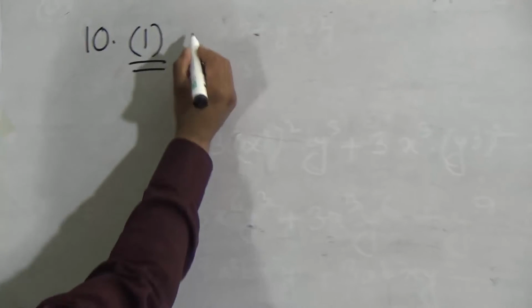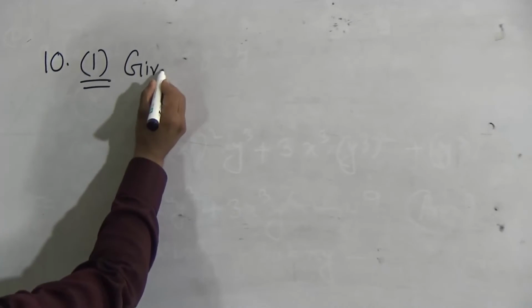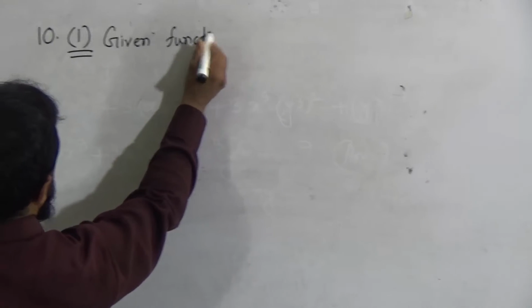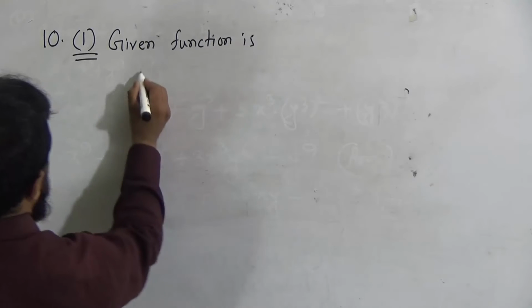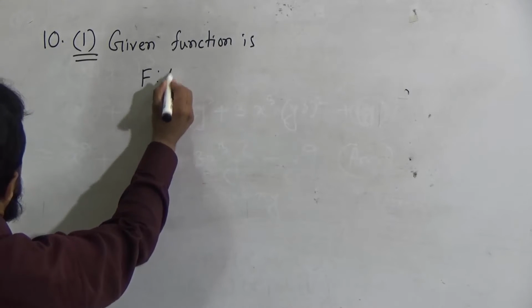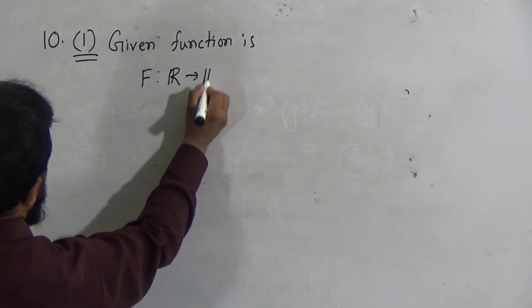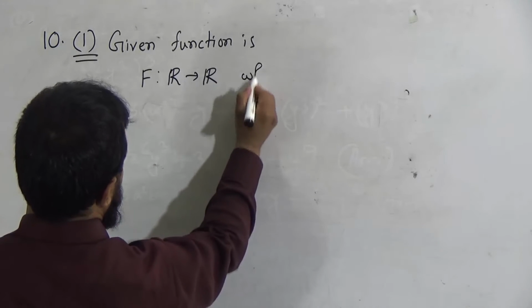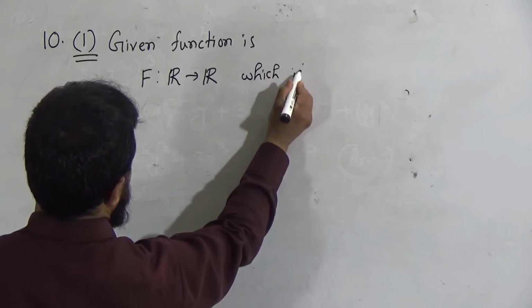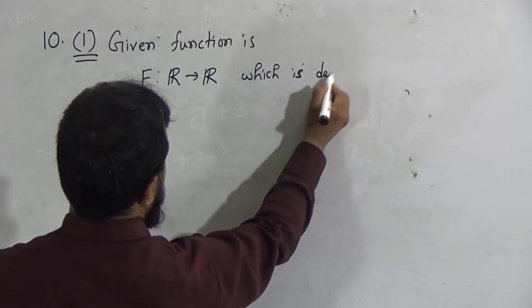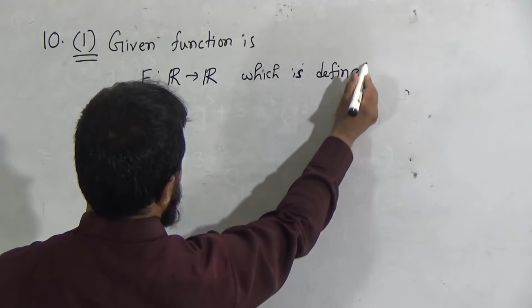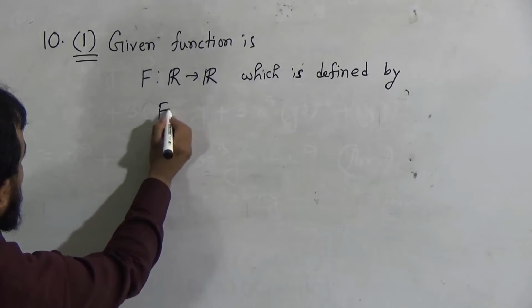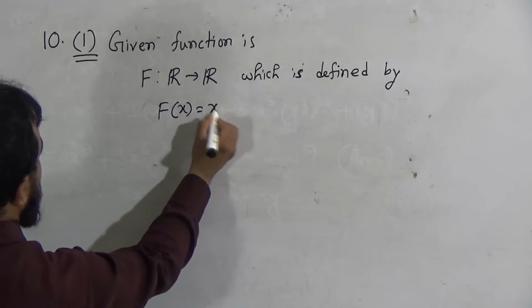Given function f is a function from real number to real number, which is defined by f of x equal to x cube.